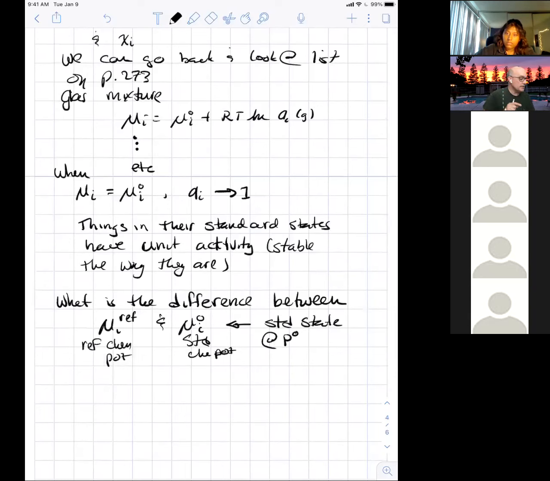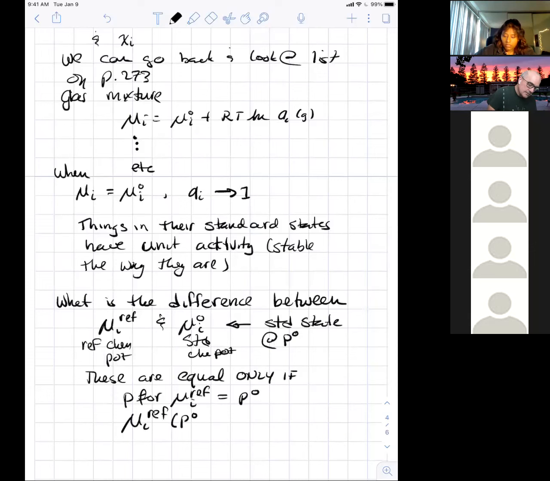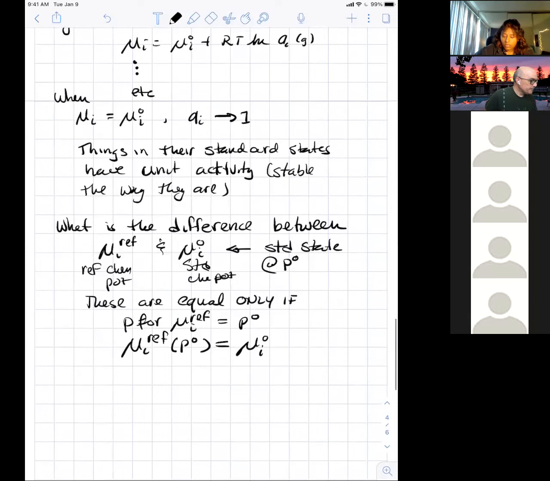That's why it gets that caret, because it refers to the standard pressure. These are equal only if the pressure for the reference is P naught. In other words, I might write it this way. DeVoe doesn't write it this way, but that would be kind of my shorthand. Okay, so let's define a pressure factor.